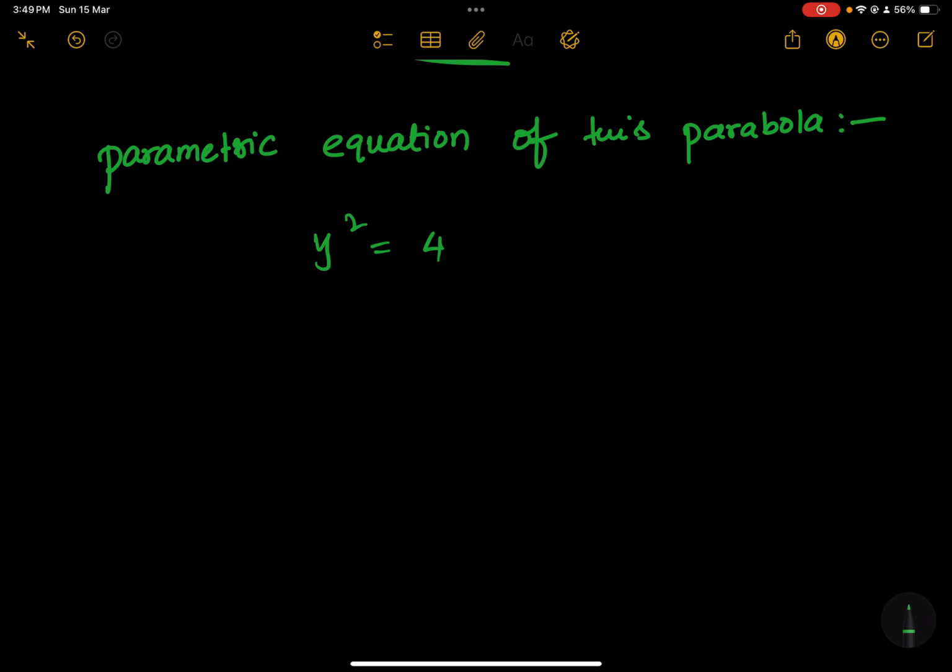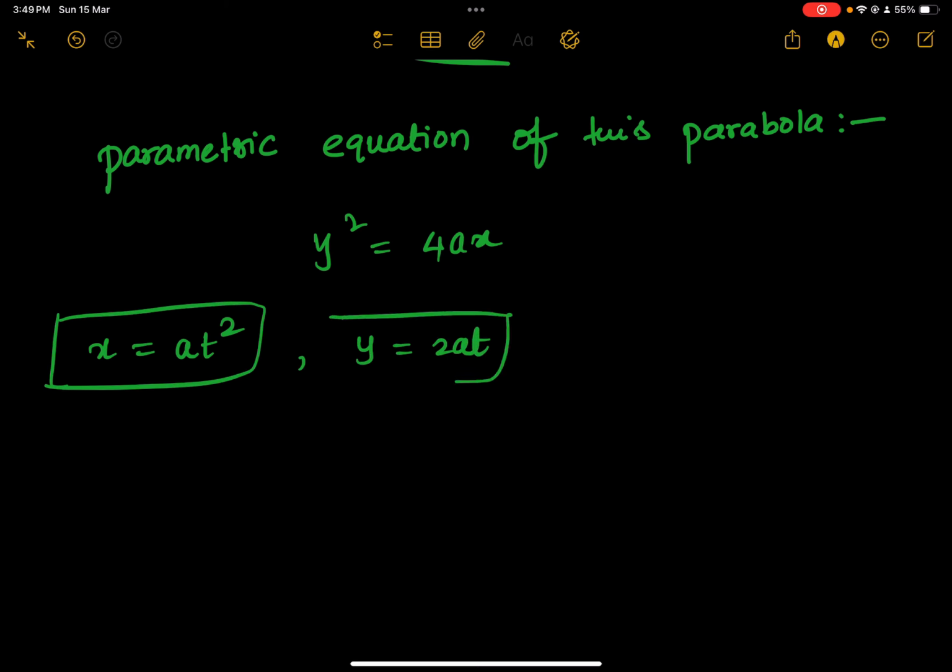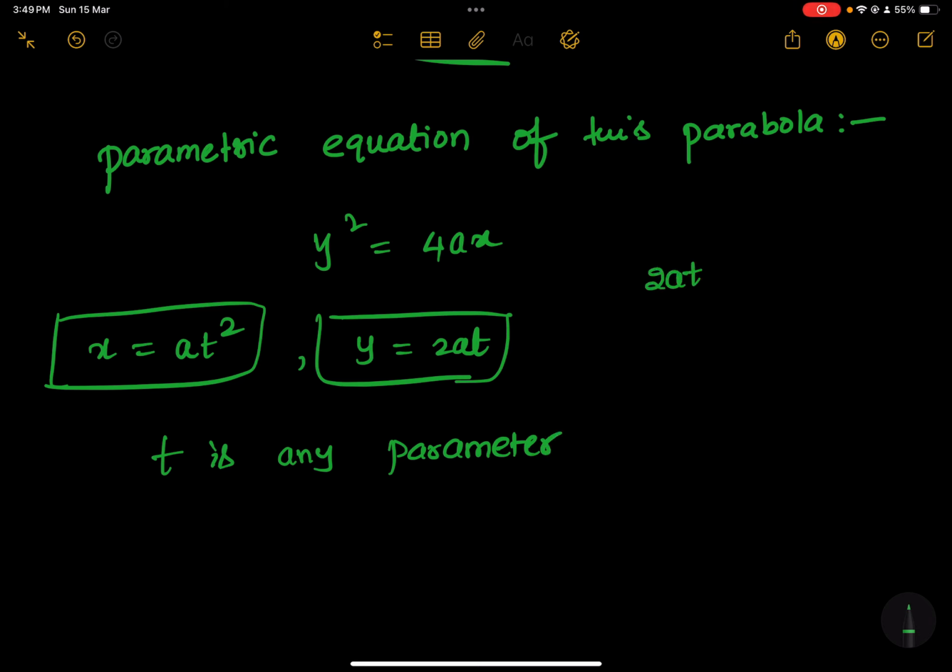So, y square is equal to 4ax. If you substitute x equals a t square and y equals 2at, this substitution clearly satisfies the above equation, where t is any parameter. So if y is 2at, then y square is (2at) whole square, which equals 4a times x, and x is a t square.